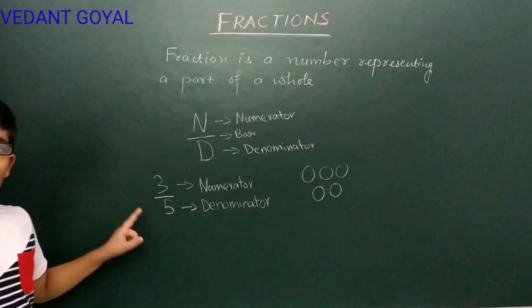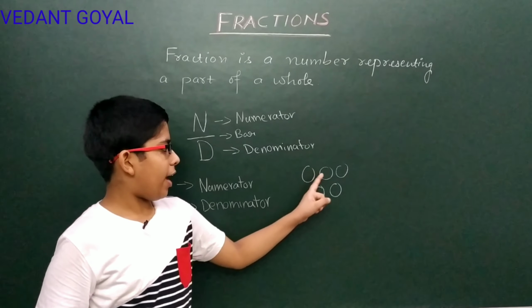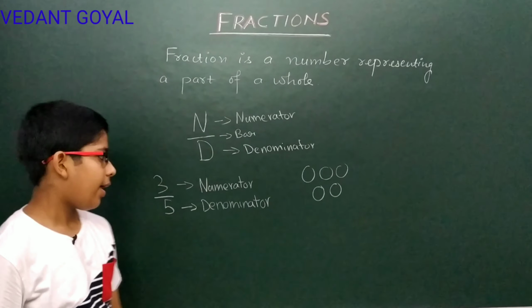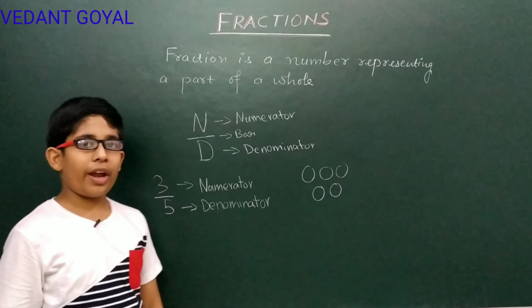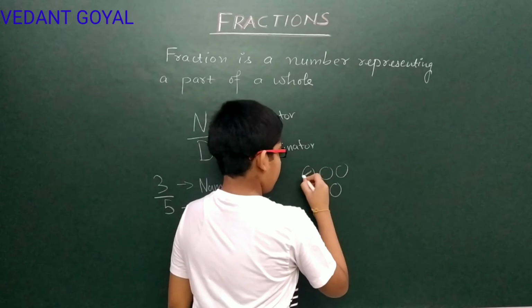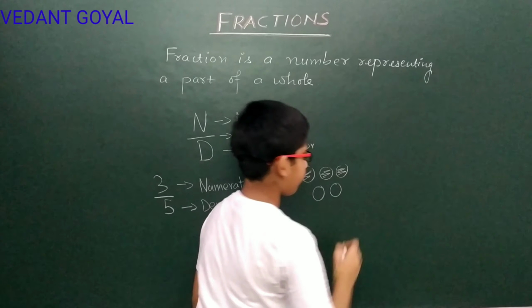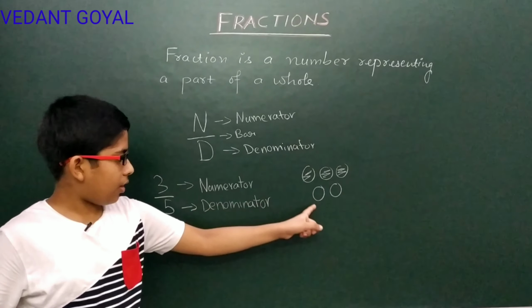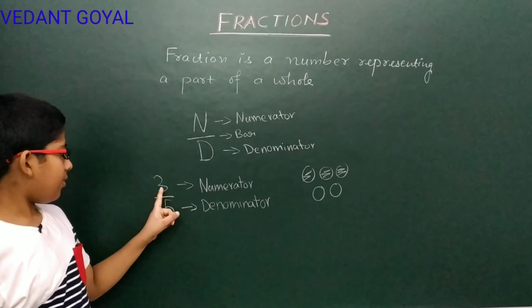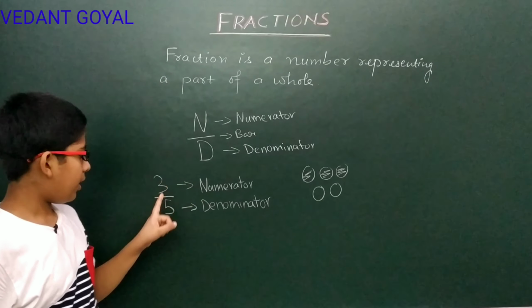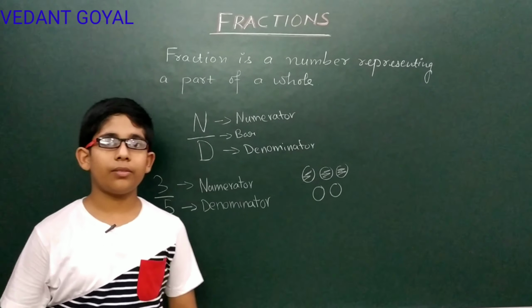So there are 5 total parts. So we have drawn 5 circles, and out of them 3 circles are specified. So we will shade 3 circles. So this figure represents 3 by 5, whereas 3 is the numerator and 5 is the denominator.